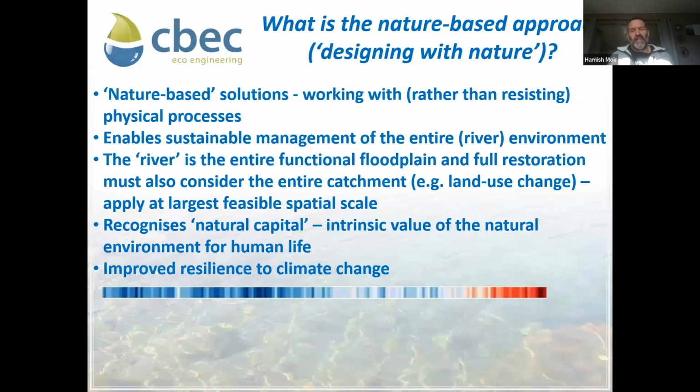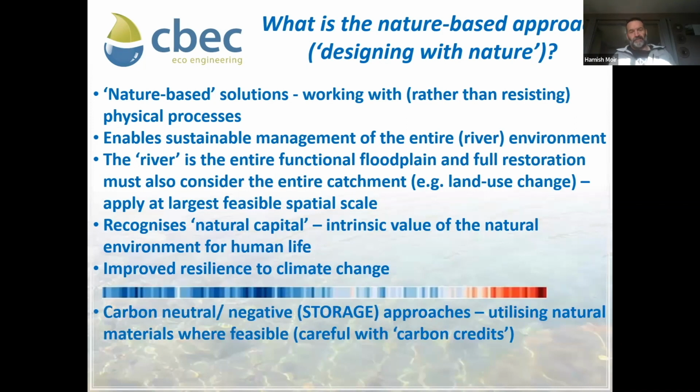That's a very important aspect of that, and the related benefits to biodiversity and given current climate conditions. Often these approaches are carbon neutral or carbon negative in that they store carbon. So we're utilizing natural materials, but also encouraging natural regeneration of vegetation back to a more natural state for a river environment.